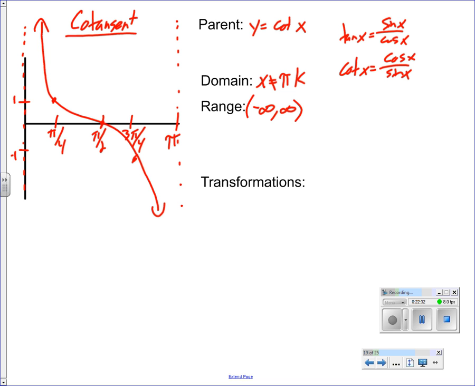Usually you don't see a lot of transformations using this function, but if I did, it'd be the same as for the other trig functions. A cotangent, we have our frequency, phase shift, and midline.